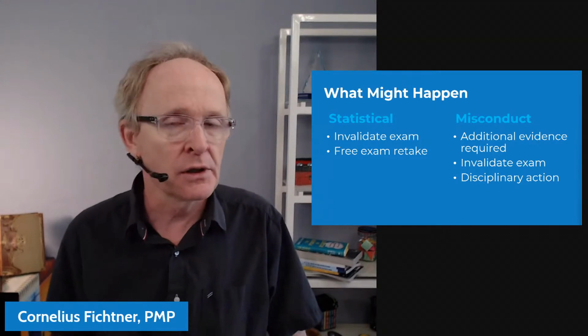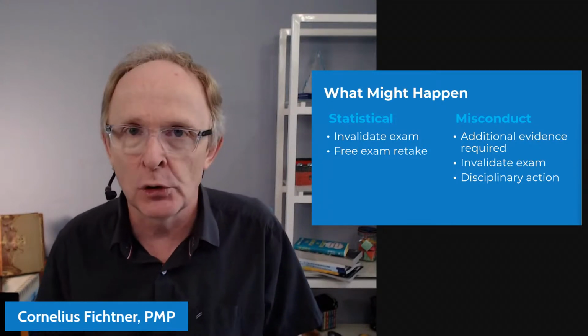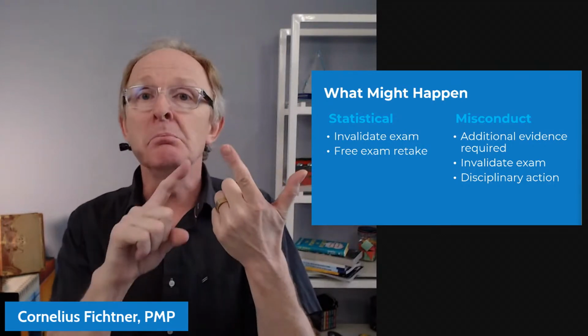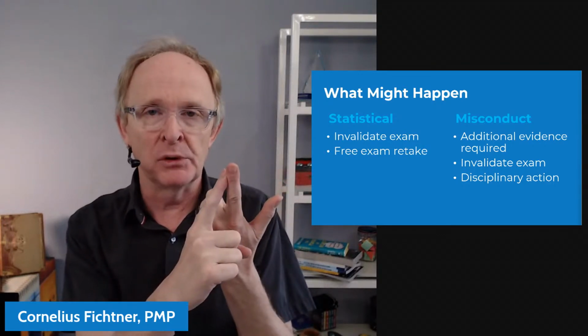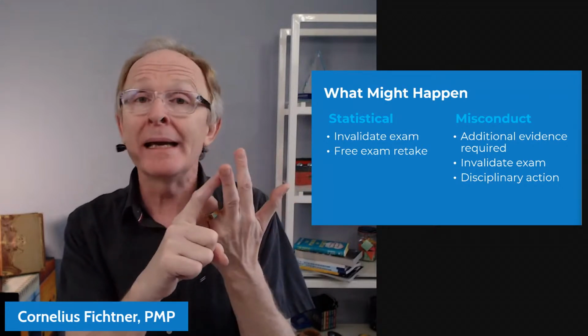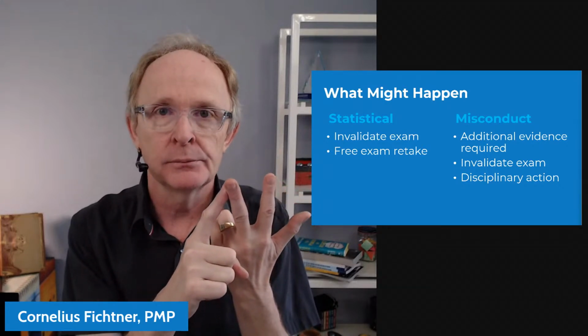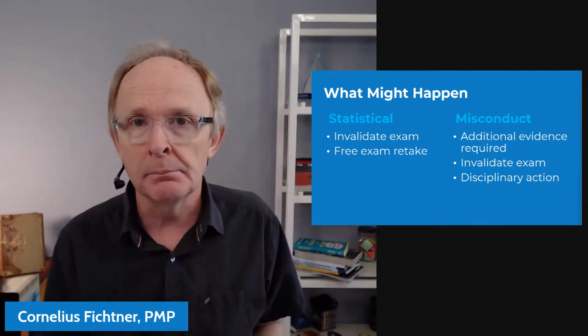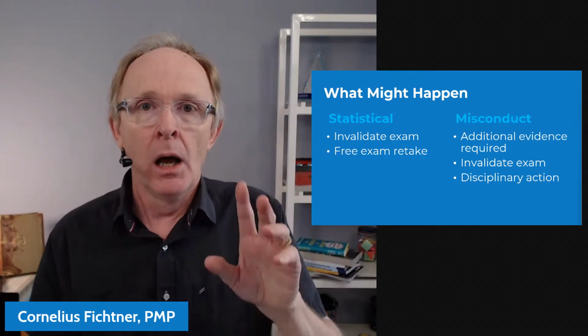From my experience, there's only one disciplinary measure that I've heard of so far. You are no longer a PMI member. You may never become a PMI member again. You may never take the PMP exam again. You are excluded from the club. That is the only measure that I know of.